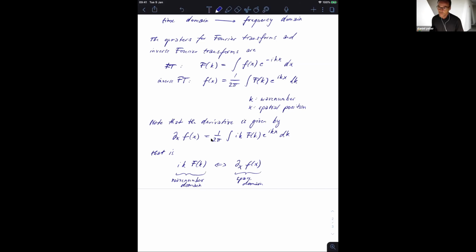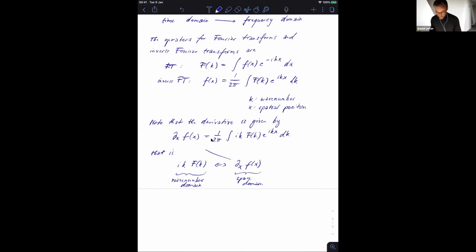Professor? Yeah? Does it mean equals here in this equation? Does it mean ik F k equals the derivative of f in terms of x? Not quite.